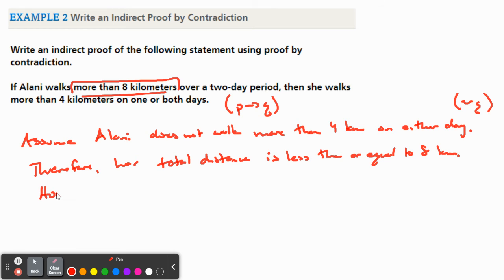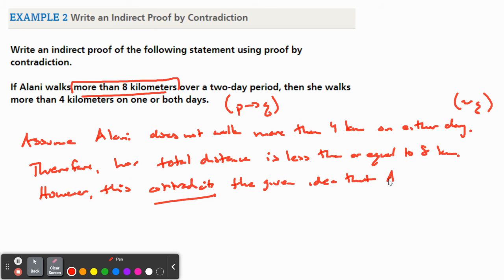However, this contradicts the given idea that Alani walks more than 8 kilometers over a 2-day period.